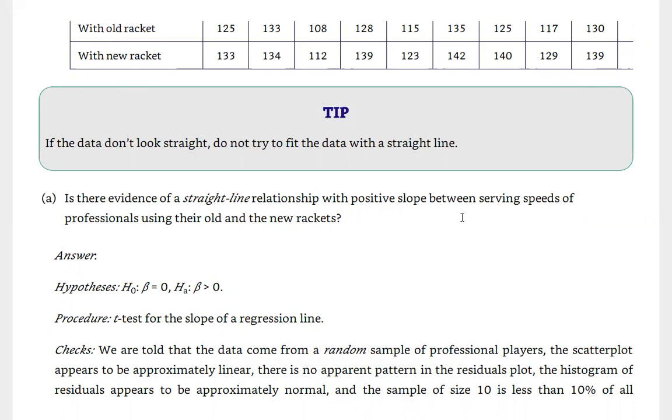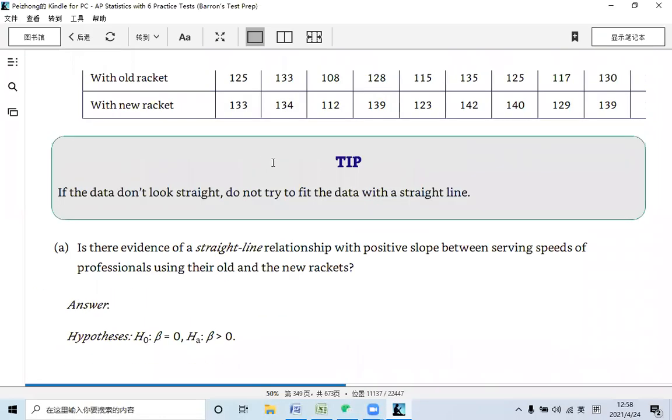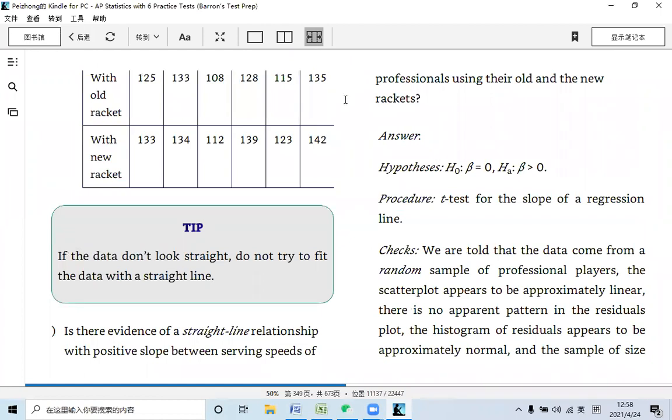Yeah, so you have two variables. I don't see all the numbers, there might be a display problem. Is there a strong linear correlation between these two numbers, old racket performance versus new racket performance?